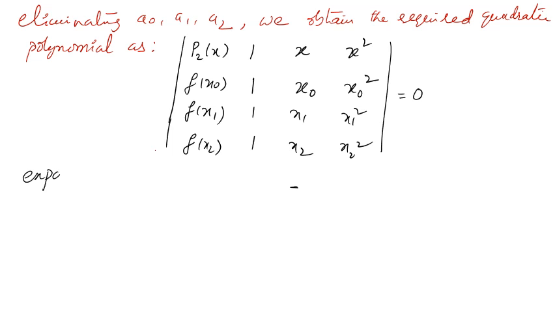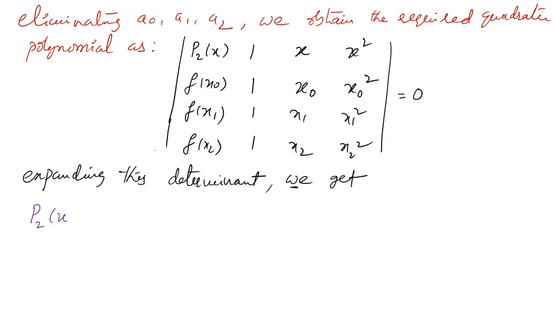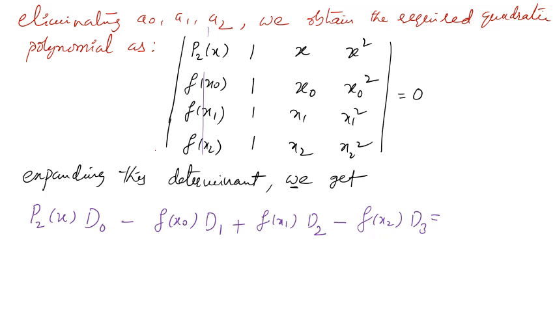Expanding this determinant, we get P2(x) into d0 minus f of x0, expansion by using first column, f of x0 into d1 plus f of x1 into d2 minus f of x2 into d3 equal to 0.